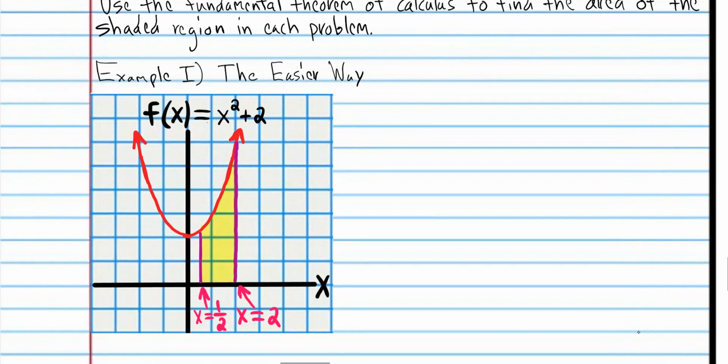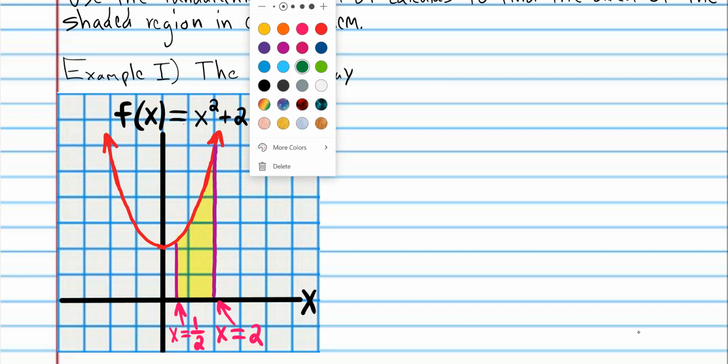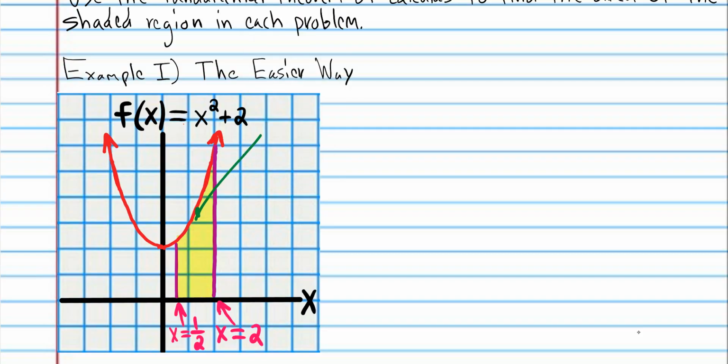Okay, so this is the easier method. What we're going to do is look at this function over here, and instead of finding the derivative, which is what we would do if we wanted to find the slope of a line that's tangent to the graph like this, we're going to find the antiderivative.